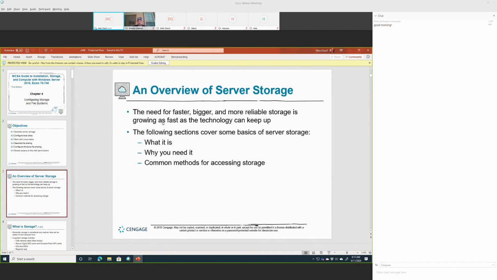I'm sure most of y'all have Google Drive or stuff like that. This is like on the cloud, or iCloud. You save your information. So there are different ways to access it. And I think in this chapter, that's what they're talking about.